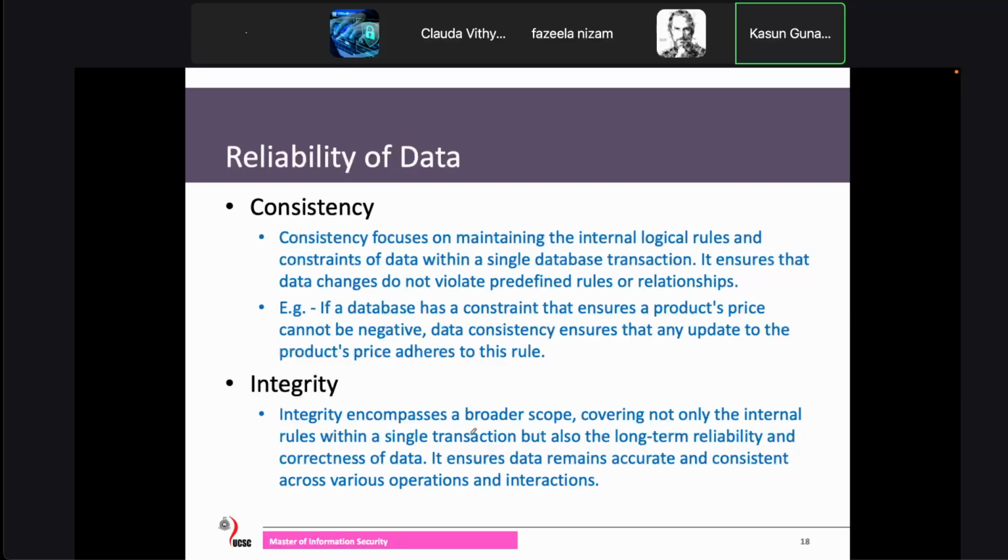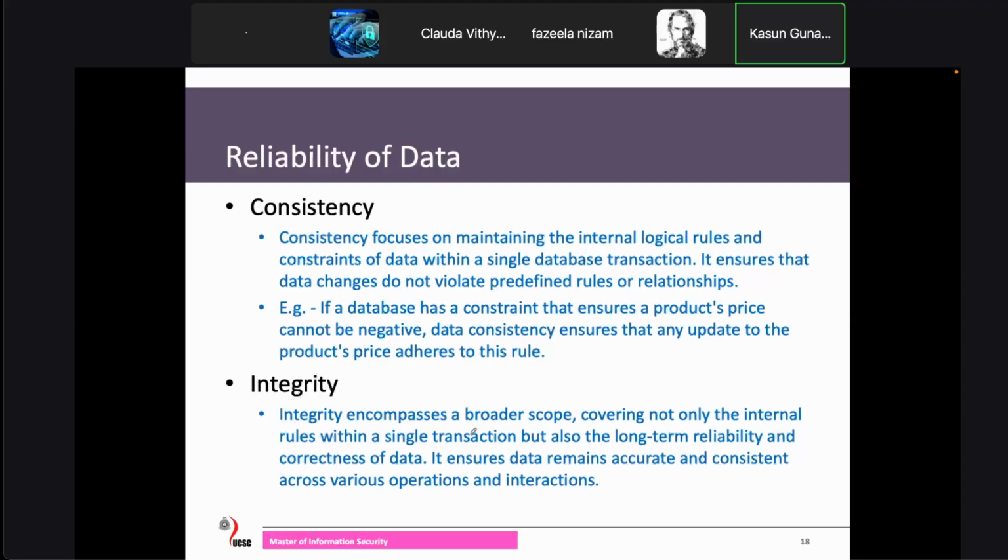However, sometimes these two terms are used interchangeably by professionals in this domain. So there is no clear-cut usage standard for these two terms. But mainly, consistency is about the validity of a transaction.